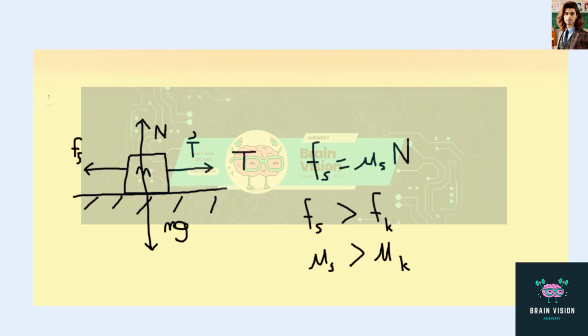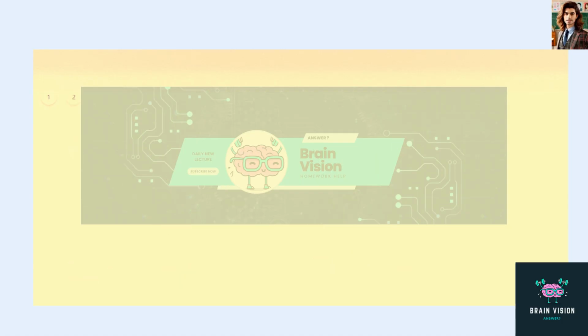So the first part wants μs. So we're told that that threshold tension is 20 newtons when the block begins to slide. So we know 20 will be equal to μs times the normal force, which we know is equal to mg. We don't know the mass, but we can get that from the other piece of the problem because we're told we measured some data.